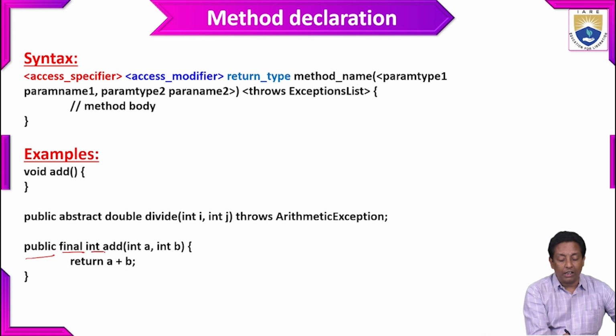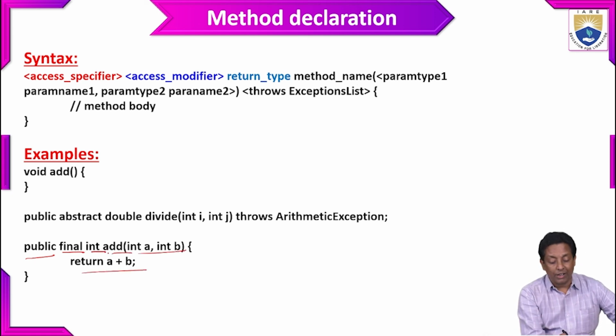Public final int add(int a, int b), return a plus b. So divide is a method, add is a method which takes two int parameters, adds them and returns. What is the result of summing two integers? Int only.